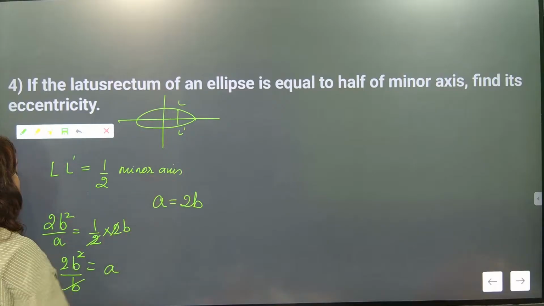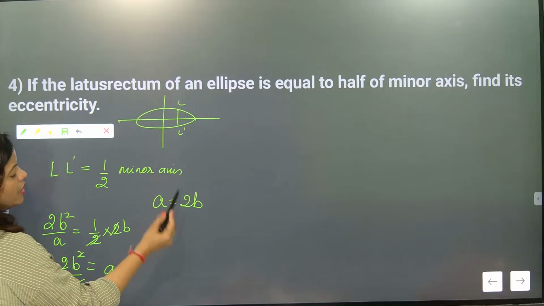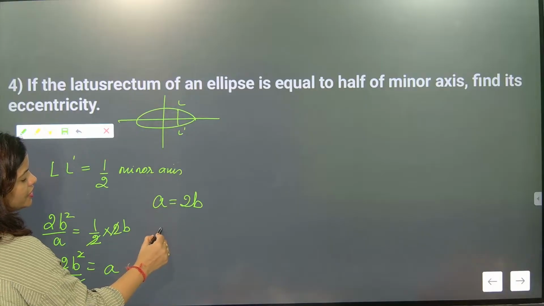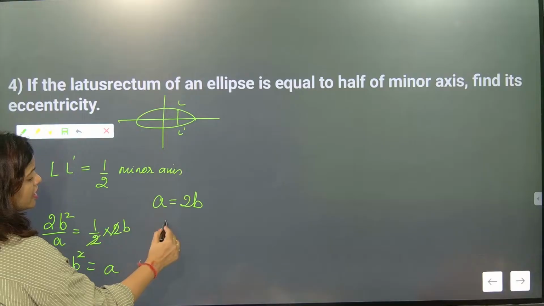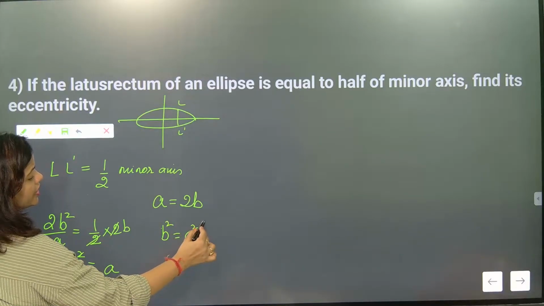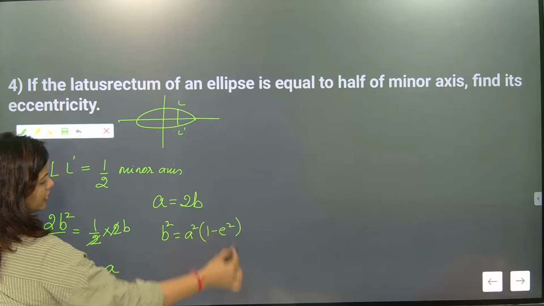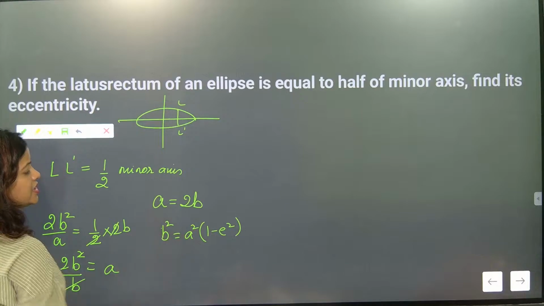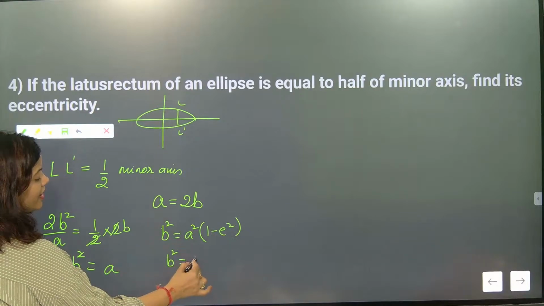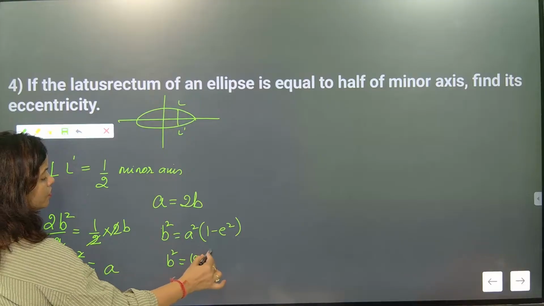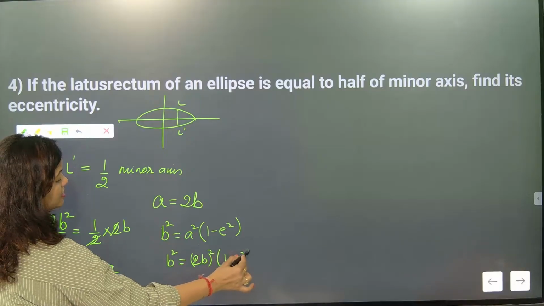Once we got a greater than b, what work are we going to do? Our usual equation was what? When a is greater than b, we know that b square is equal to a square into 1 minus e square. This is the way of finding the eccentricity. B square we will keep as it is. The a value is 2b, whole square, into 1 minus e square.